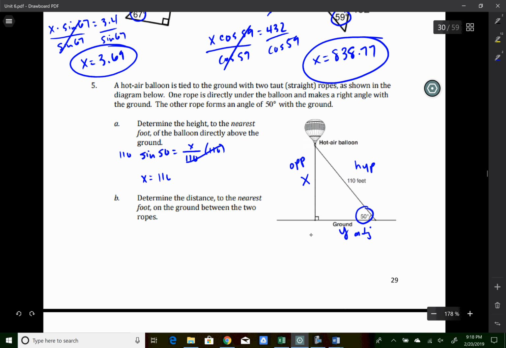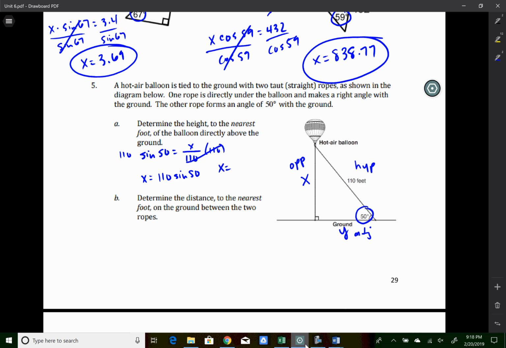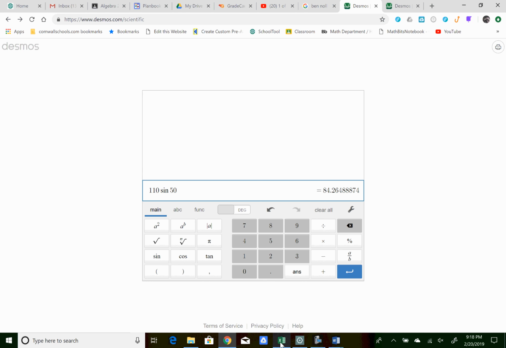X is 110 sine of 50. So if I type that in my calculator, I get 84.3. It says nearest foot, actually. So we're just going to say to the nearest whole number, so 84 feet.